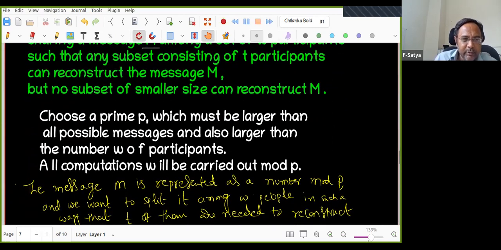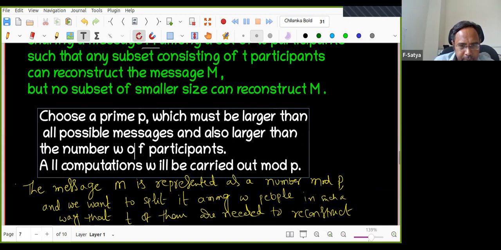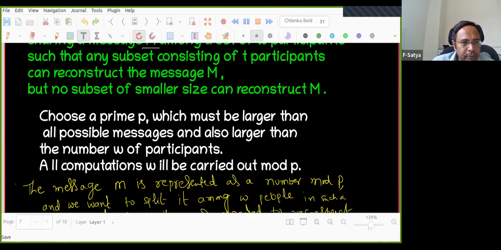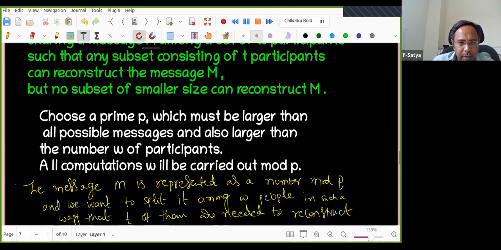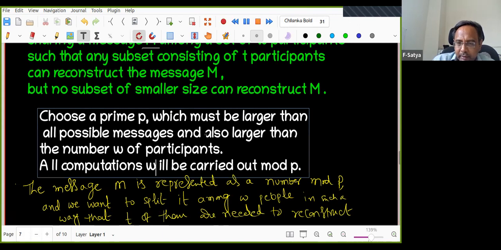I'll explain with one example. Choose a prime p which must be larger than all possible messages and also larger than w, the number of participants. Any questions here? All computations will be carried out modulo p here.